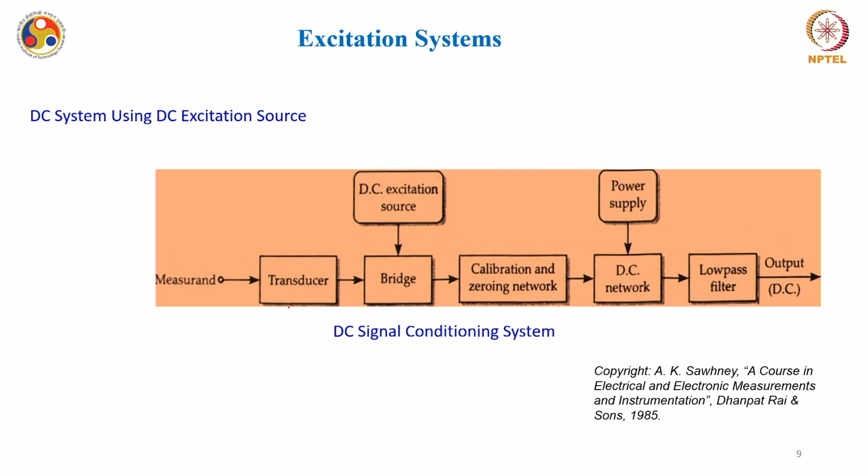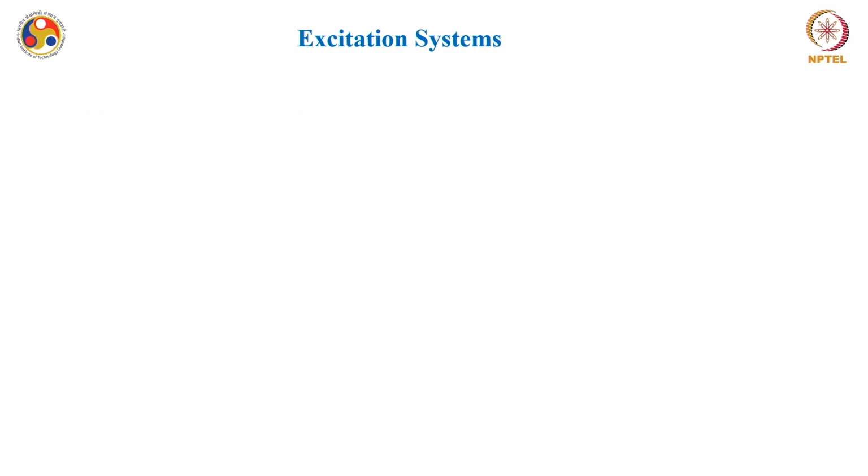You can see that at the front you have the transducer which interacts with the measurand. Then you have bridges which need a DC excitation source for their operation. Then you have calibration and zeroing networks. Then again you have a DC network which will require another power supply, and then you have low pass filters, and then you have output in the form of a DC signal.